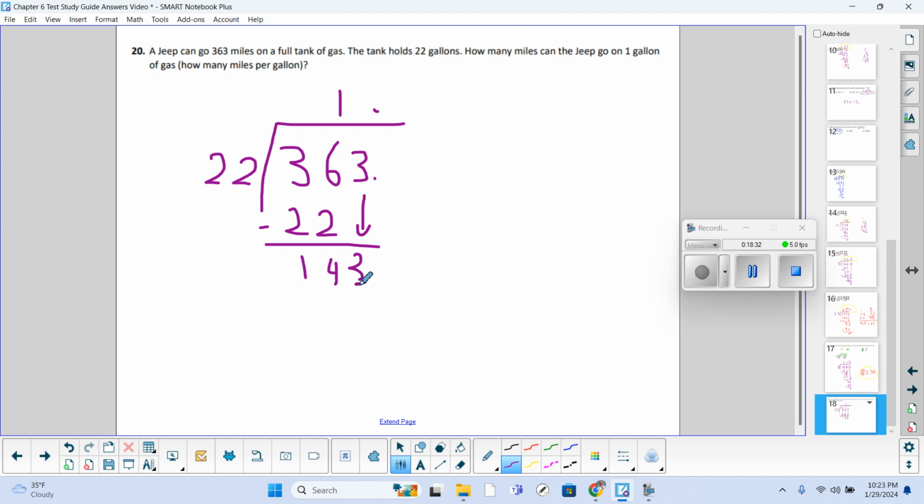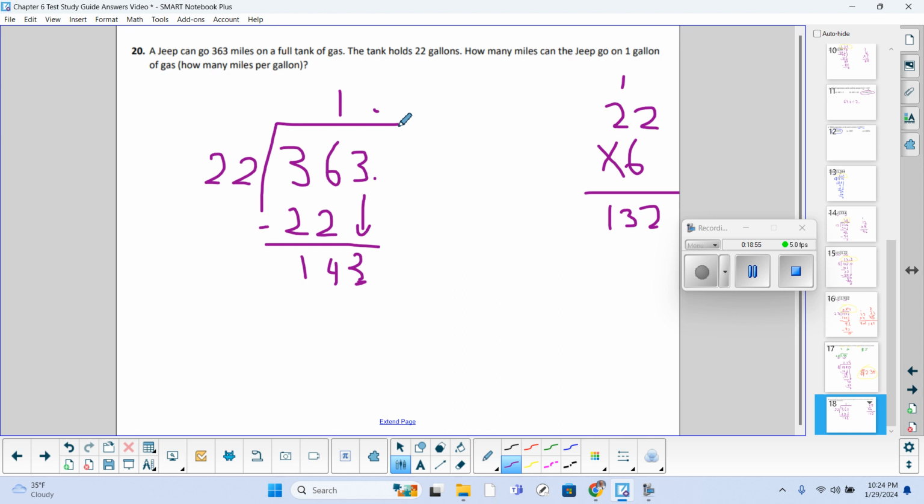Let's see. Well, 7 times 20 is 140, but this is more than 20, so I think that's too much. Let's try 6. 6 times 22. 6 times 2 is 12, carry the 1. 6 times 2 is 12 plus 1 is 13.